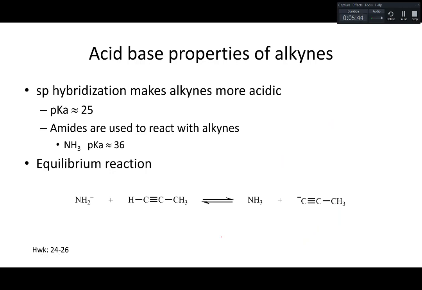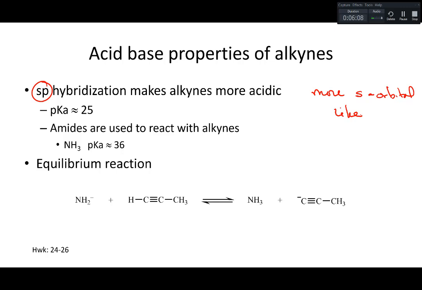Now, one more thing to cover. Remember we talked about the hybridization of alkynes being sp, and it becomes more s-like. We would say it has more s character. What that does is stabilizes negative charge on the carbon.